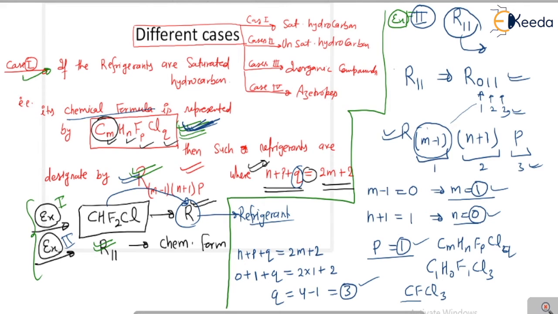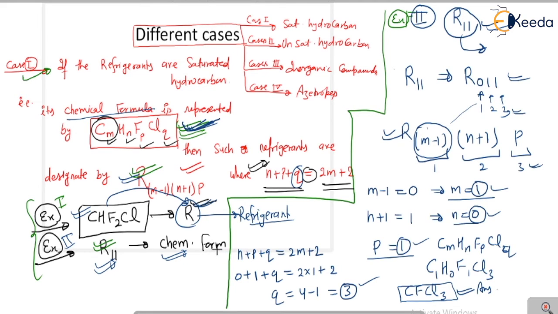So my dear friends, the standard chemical formula for R11 is what? CFCl3, and this is your correct answer. Is it right? So my dear friends, in this way we can write any chemical formula in form of technical manner, or any technical designation in form of chemical formula.